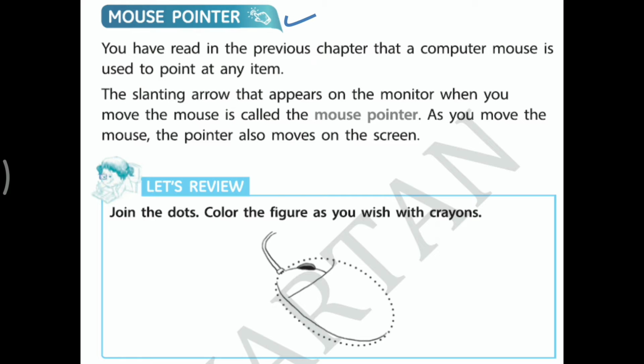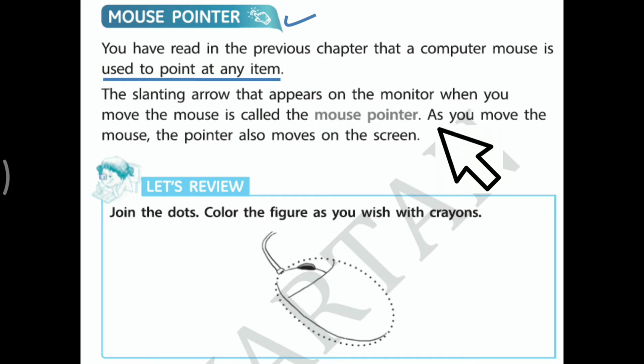What is a mouse pointer? The mouse pointer is the slanting arrow. You can see the mouse pointer here. It will look like this slanting arrow on the monitor screen. Let's read. The slanting arrow that appears on the monitor when you move the mouse is called the mouse pointer.